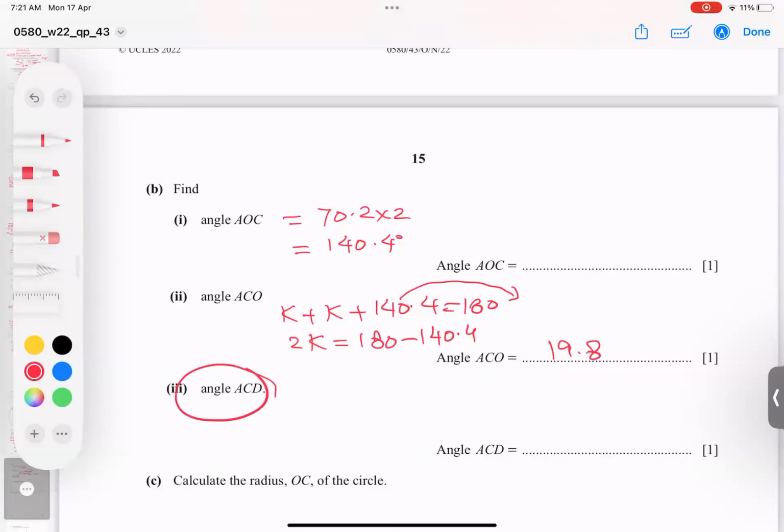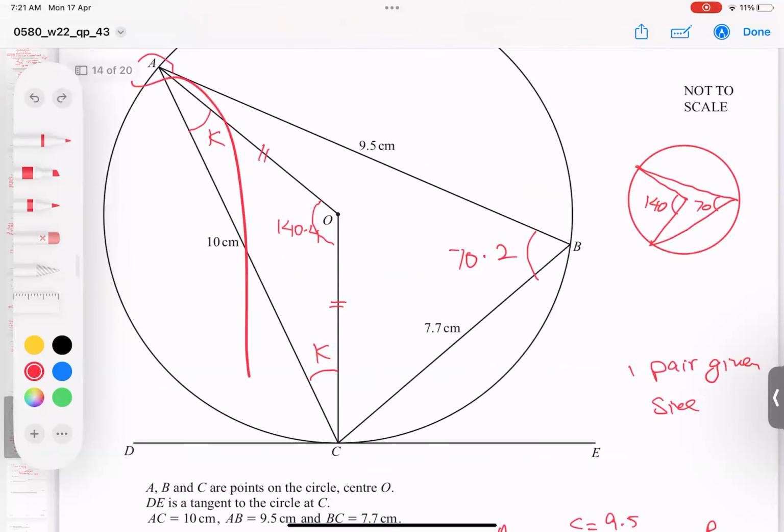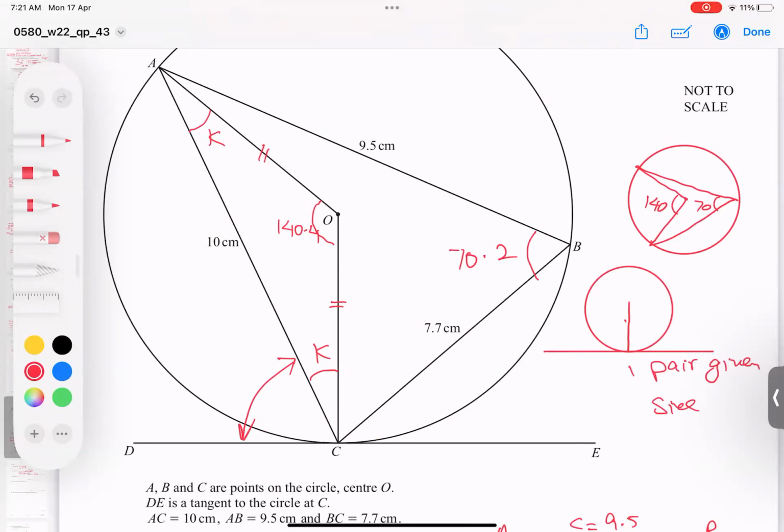Now ACD. Where is A, where is C, and where is D here? We are looking for this angle. For your knowledge, there's a circle, a tangent, and a radius, and the angle between radius and tangent is always 90 degrees. So this total angle is 90 degrees.